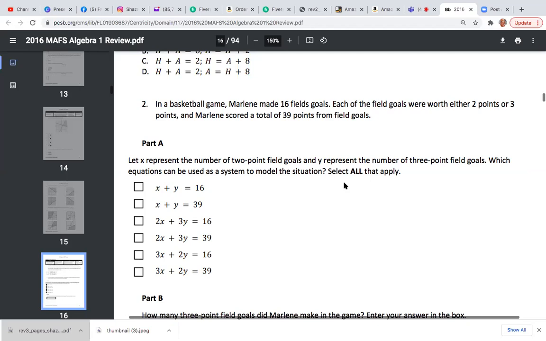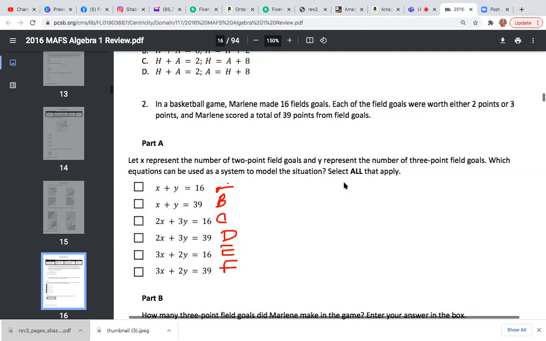Which ones can we eliminate right off? Let me put letters on them: A, B, C, D, E, and F. Some of these just don't make sense, guys. Let's get rid of them.